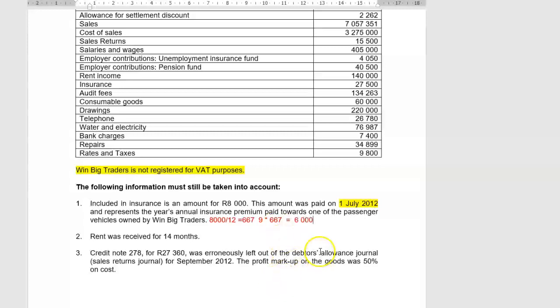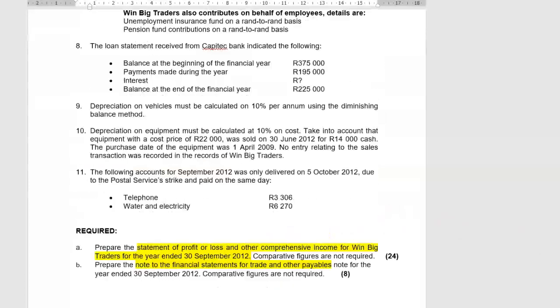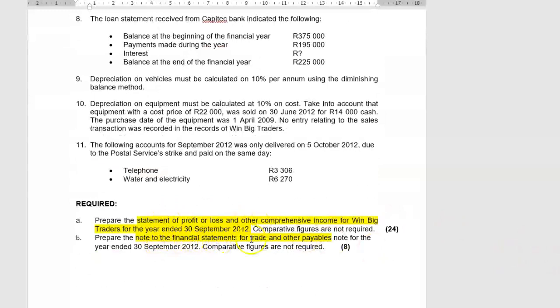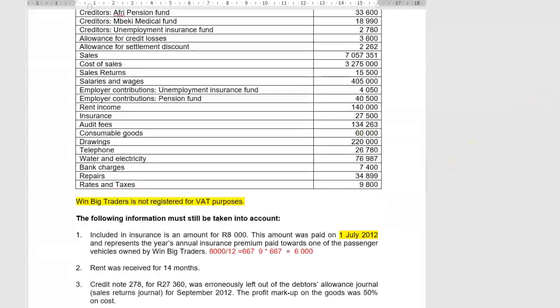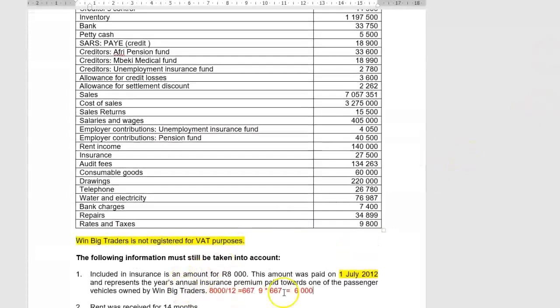Prepaid expenses, guys, is an asset. The question doesn't ask you assets. They want, in the second part of the questions, trade and other payables. So in order to save some time, I'm not going to write down the full story of prepaid expenses debit, because I'm never going to use the prepaid expenses in this question.